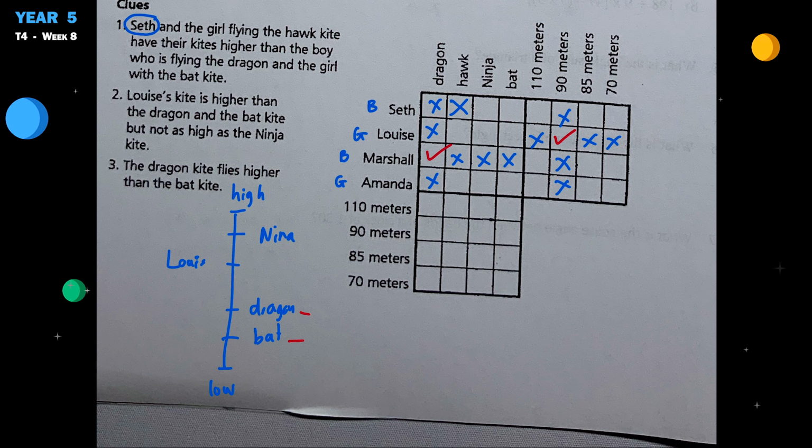Okay, now let's go back to the first one again. It says Seth and the girl flying the hawk kite have their kites higher than the boy who is flying the dragon. So because Seth is already listed, the only other boy is the one flying the dragon, and the girl with the bat kite.